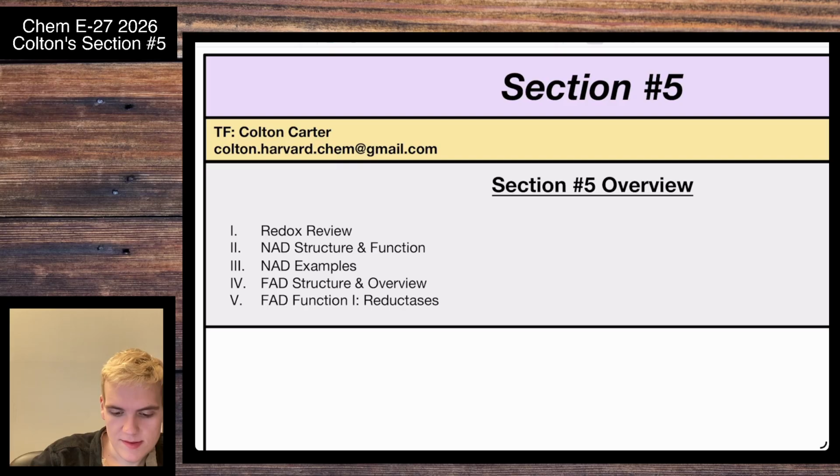When this happens, we reform FAD, which again we should draw, but for space I'm not right here. And what we generate is two active site thiols. I'll call them free cysteine residues. They are thiol functional groups.